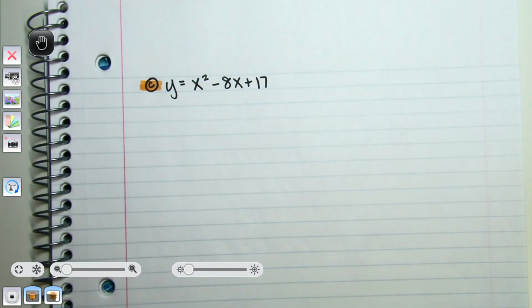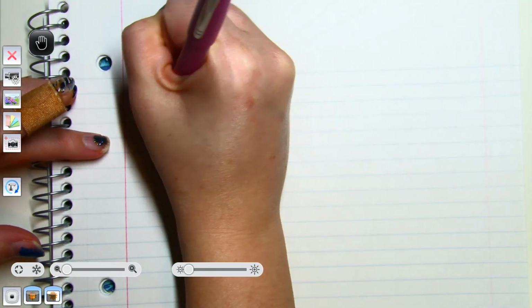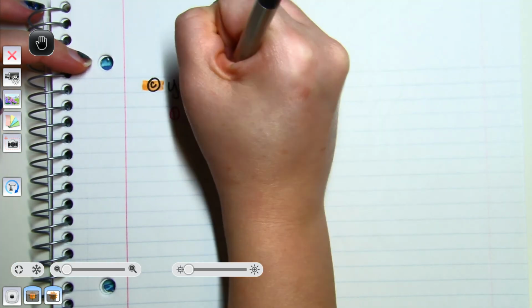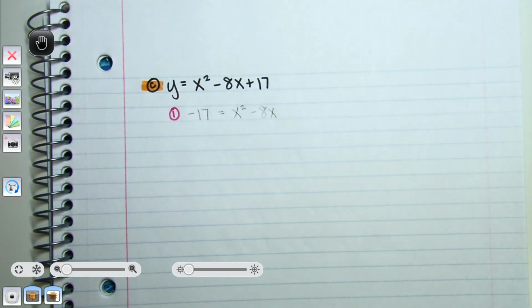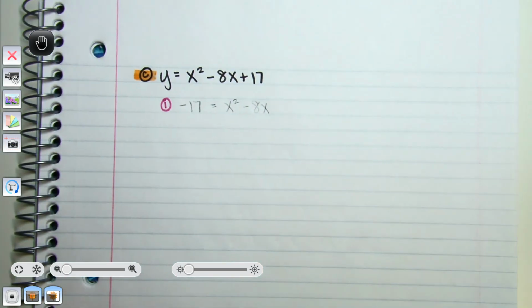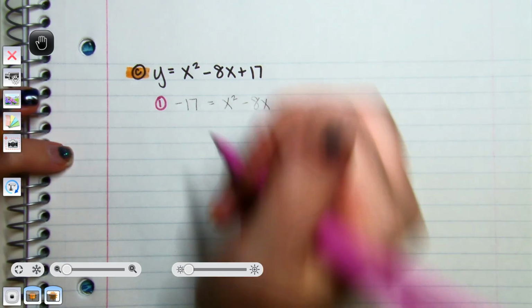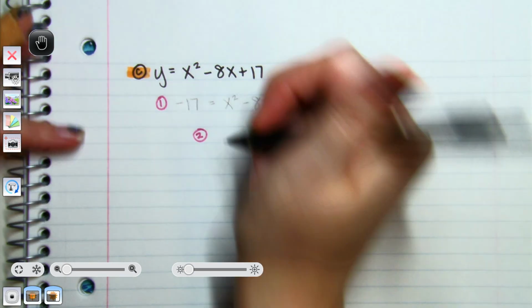I'm going to do one more example with you, and then I'll give you a few to try on your own. So step 1, move the c value. So we'll subtract 17 from both sides. Zoom in on that a little bit. There we go. Step 2 is to do the b divided by 2 value.